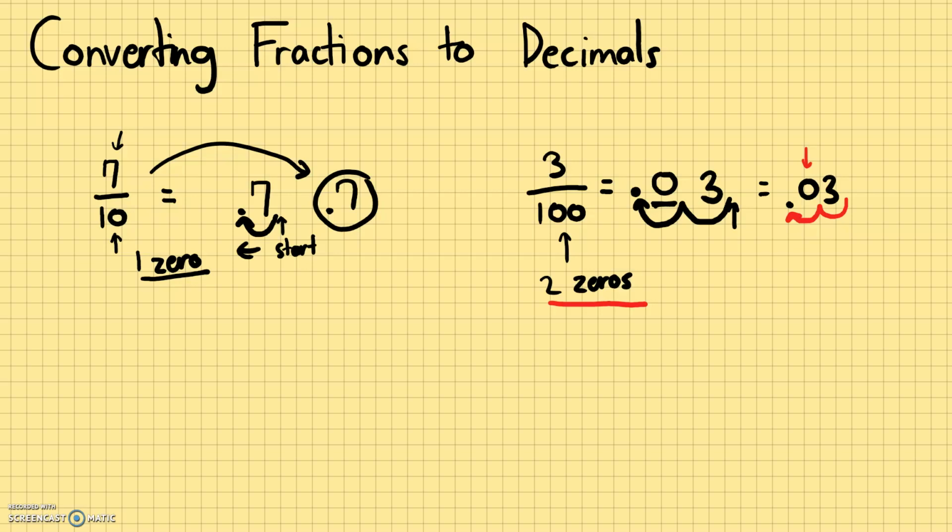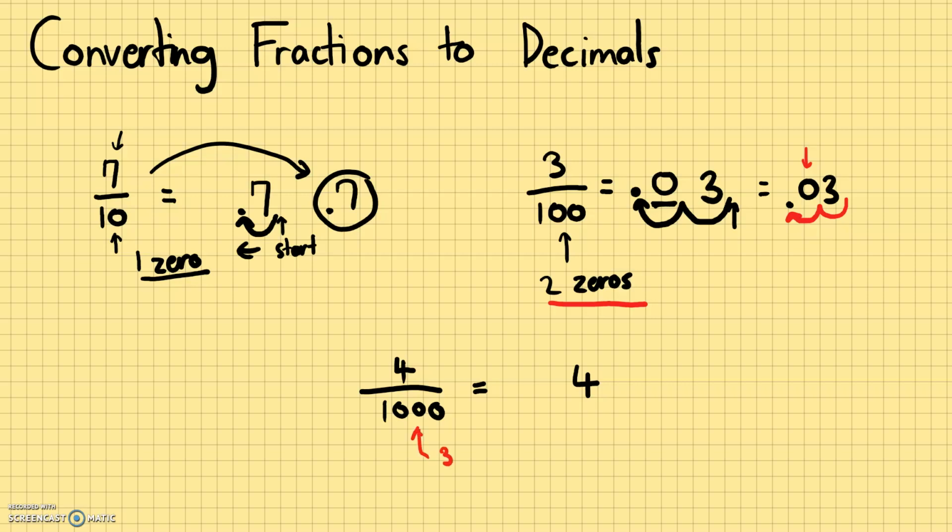Let's try another number. Let's have 4 out of 1,000. Again, just write the numerator first. You just write 4. And then count how many zeros.